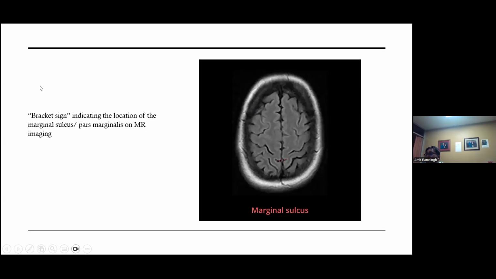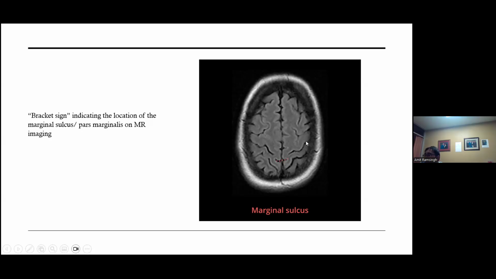In terms of localization of the marginal sulcus, there's a sign, just like we spoke about the omega sign in the localization on MR localization of the central sulcus. There's the bracket sign, which indicates the location of the marginal sulcus, also called the pars marginalis, on axial MRI imaging.